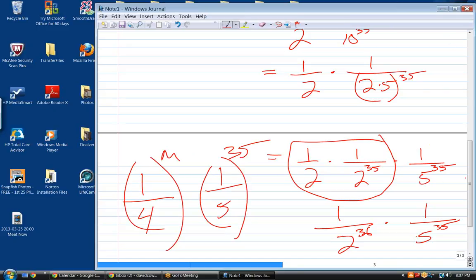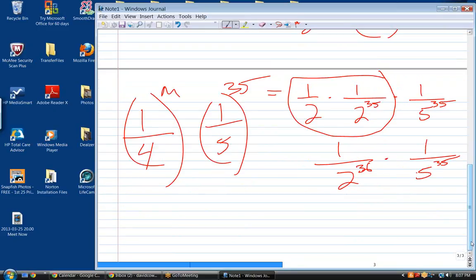What is 1/2 times 1/2? It's 1/4. Okay, so 1/4 is equal to 1/2 squared.